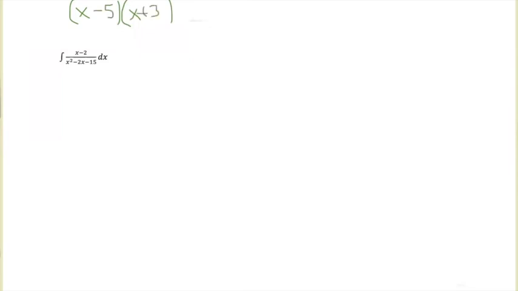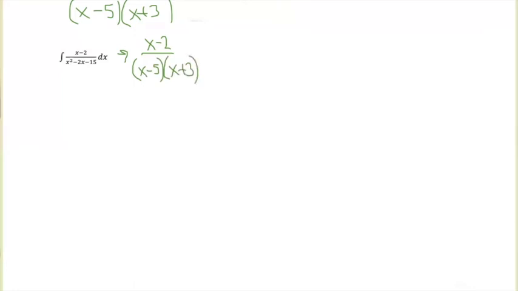Is that it? Yeah. So what we've got, and I could write the integral dx, let's just work on the integrand, the fraction part. We've got x minus 2 over x minus 5 times x plus 3.